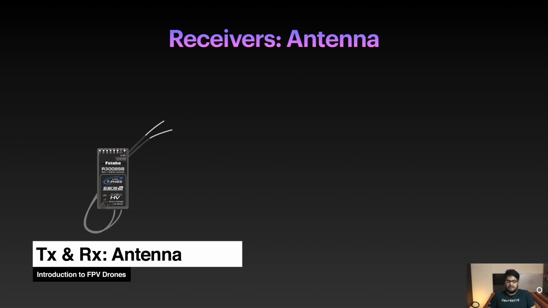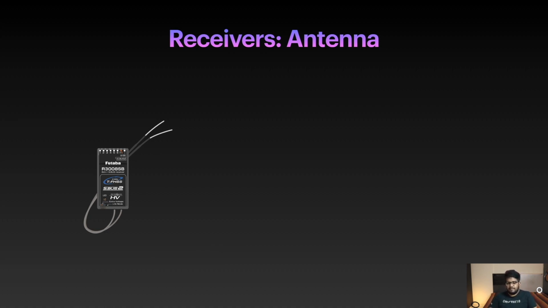On the receiver side, the length of the antenna or the shape of the antenna doesn't really matter. It does matter, but not to the extent that it matters to a transmitter, because a transmitter is sending a signal out at a power, and if the antenna is not good, if it is sketchy or not designed properly, there is no impedance matching.